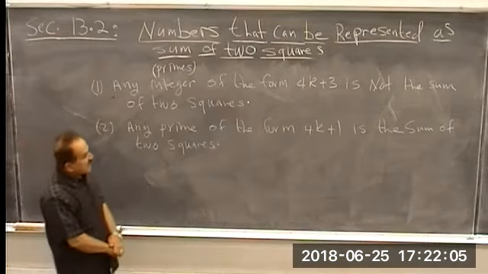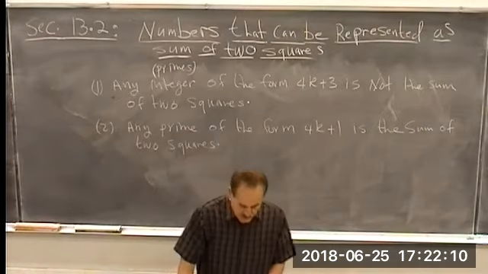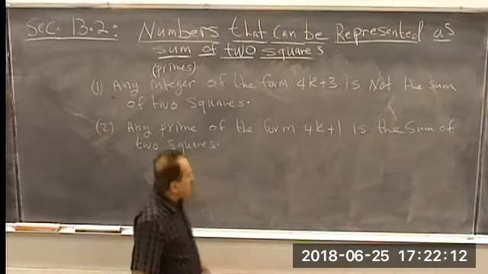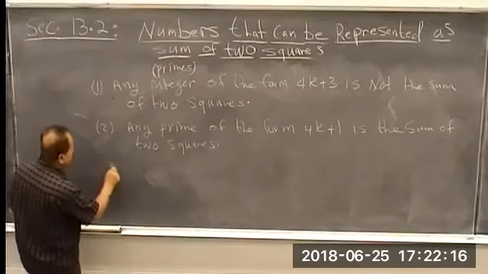Now, if I take two primes of the form 4k plus 1, okay, let's look at this.